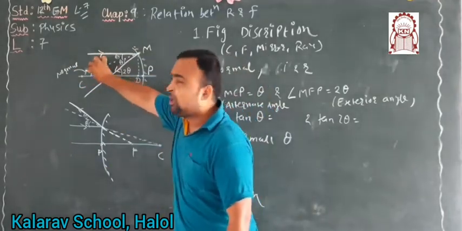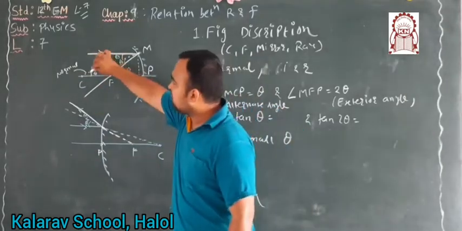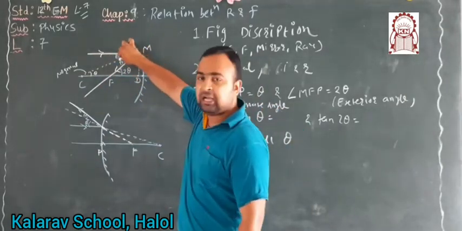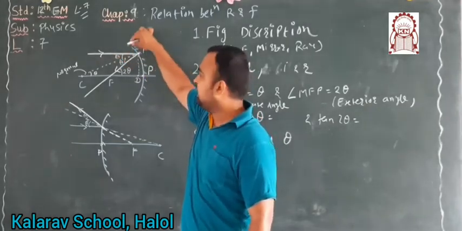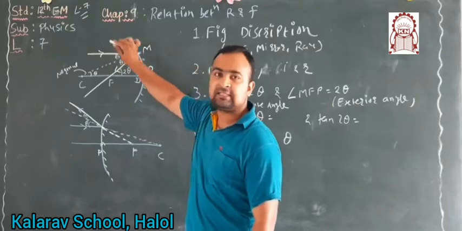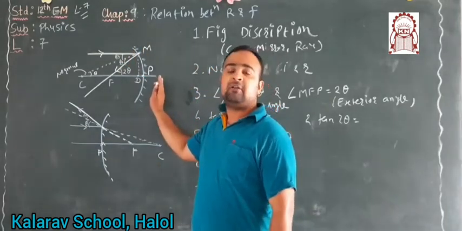Then this line automatically becomes the normal. The incident ray making an angle with the normal is theta, called the incident angle, and the normal to the reflected ray is 2 theta. In this way you draw the simple figure.